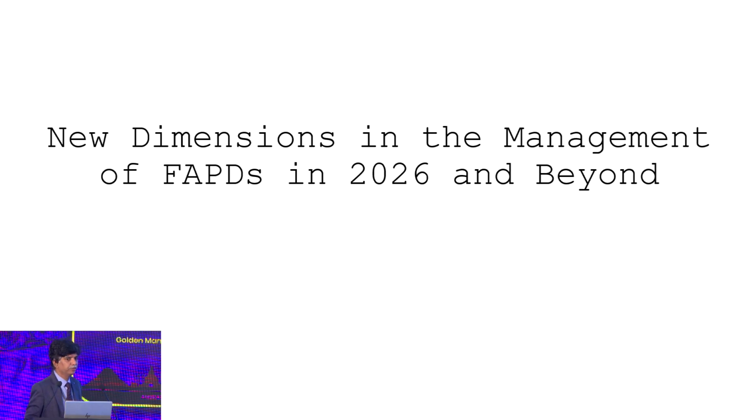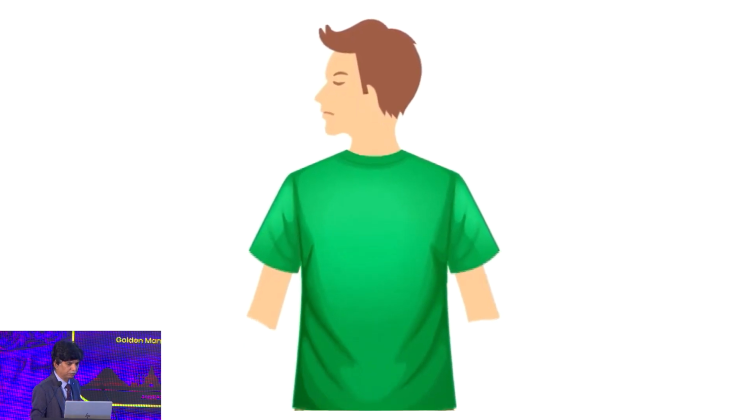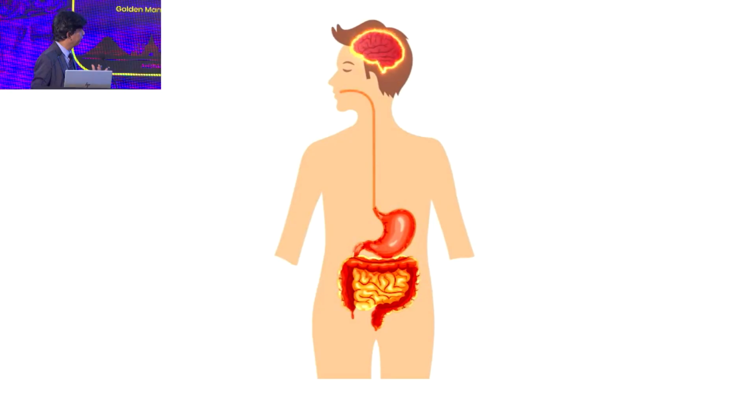So what can we do with these children? What can we do in 2026 and beyond? Look at this cartoon, right? I suggest their gut and brain are both on fire because of all these pathological features that I have described to you.